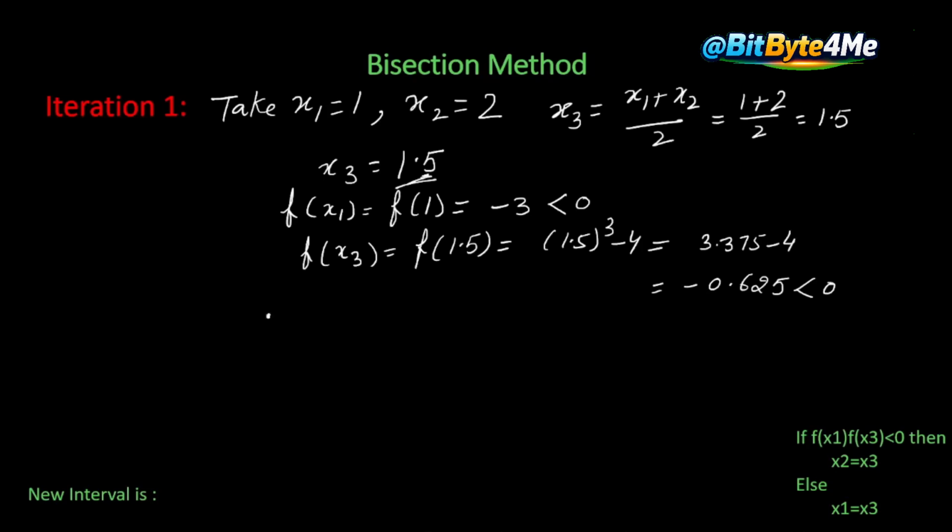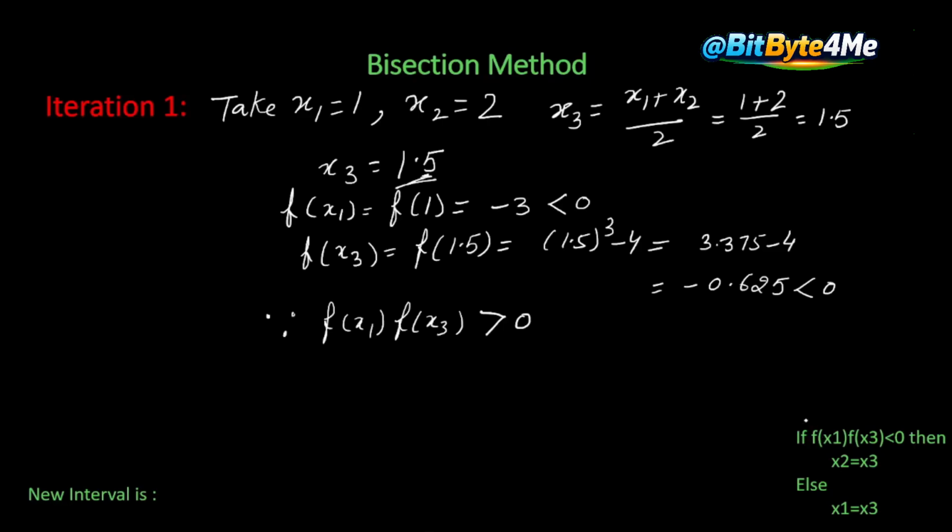So f(x1) into f(x3), the total value will be greater than 0, because f(x1) is less than 0 and f(x3) is less than 0, so the product is greater than 0.